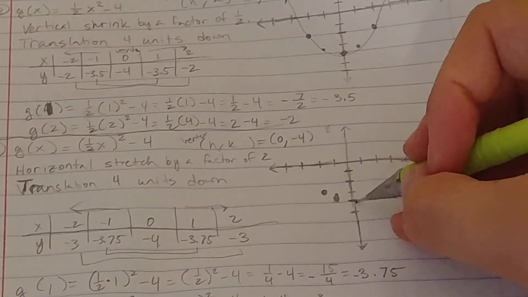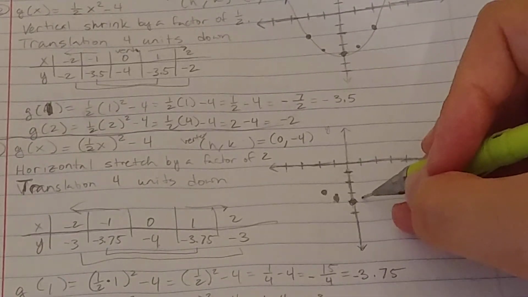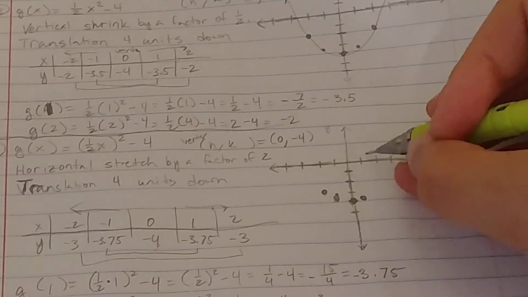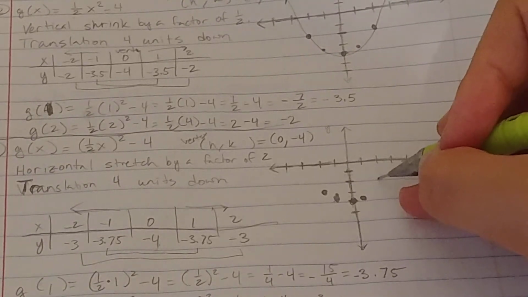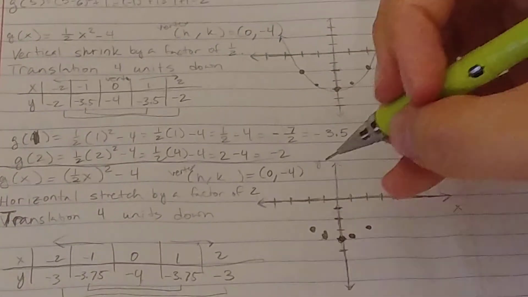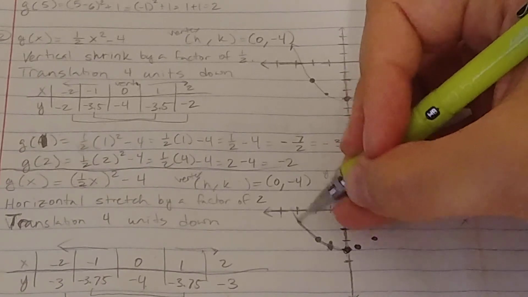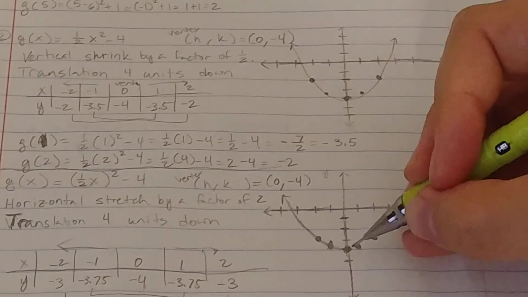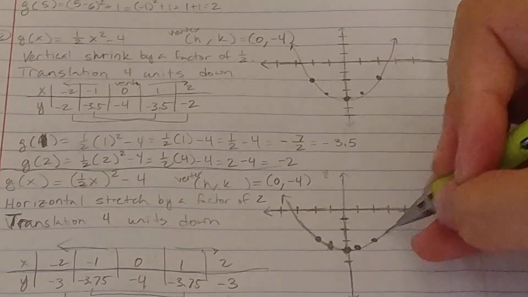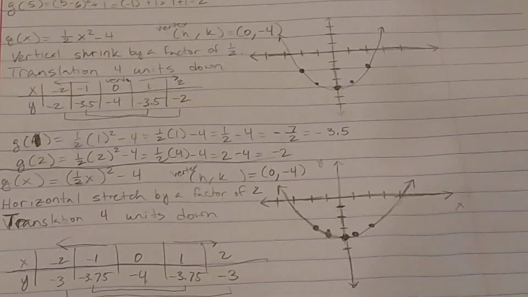And 0, comma, negative 4, right there. 1, comma, negative 3.75 right there, and 2, comma, negative 3. And look at this. It's a tiny bear. So this one is actually a horizontal stretch. That means it's stretching it out horizontally so it looks wider. Okay, that's why it looks like that. And that's it.